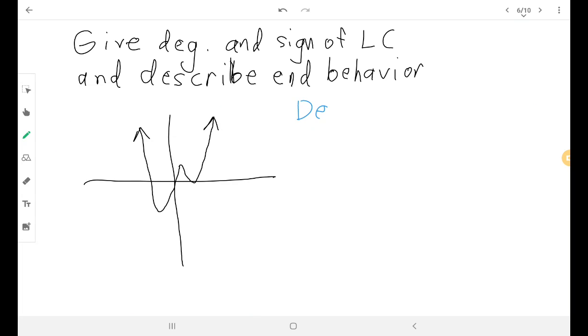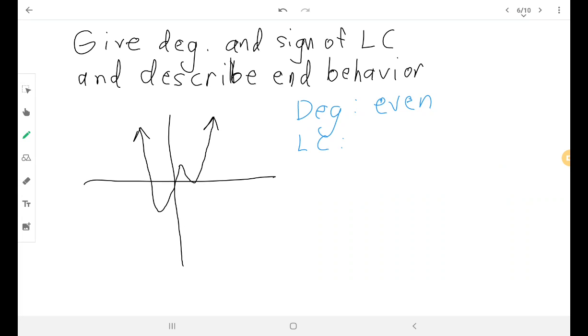So the degree, as you can see, it goes up on this side. It also goes up on this side. So because it goes up on both ends, the degree must be an even number because it has the same end behavior for both. Okay? The leading coefficient, in this one they both go up.